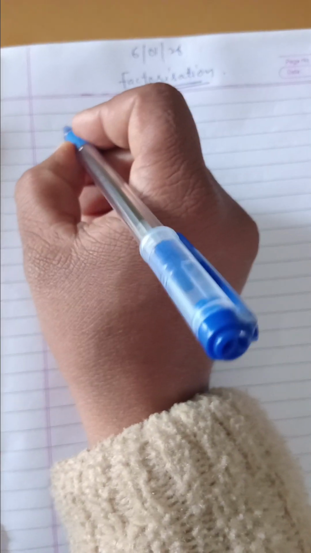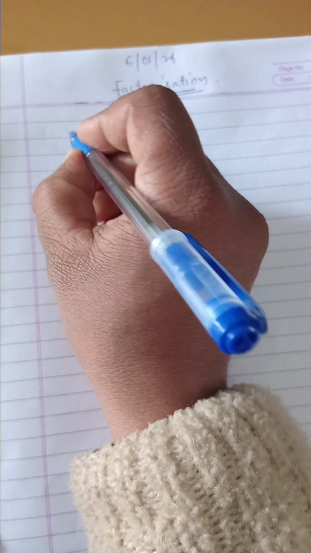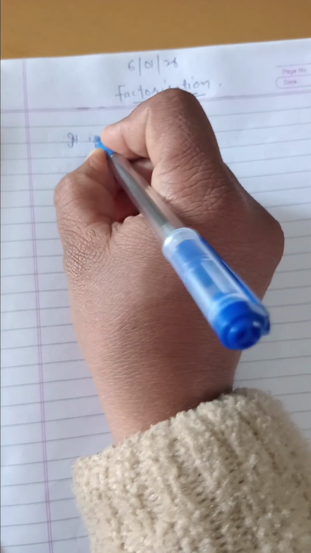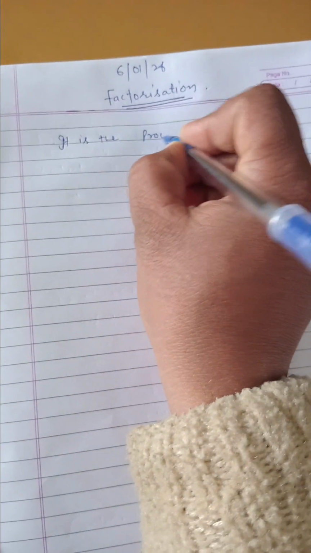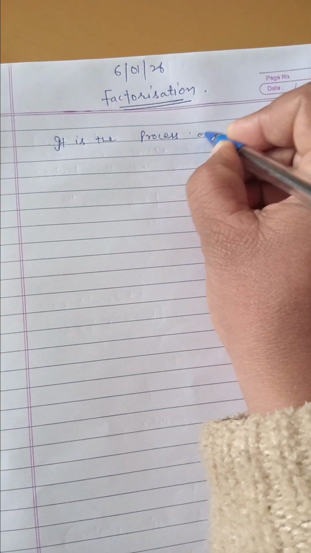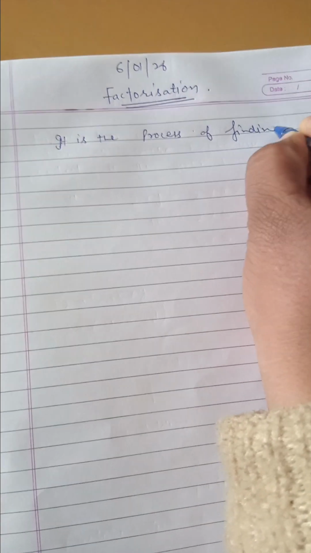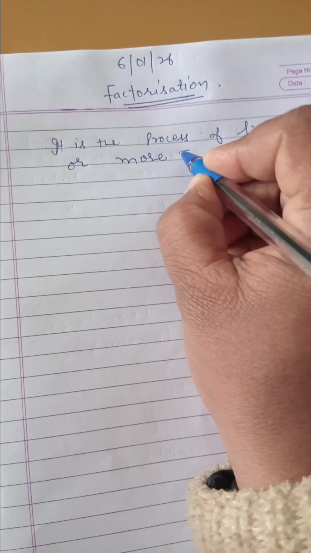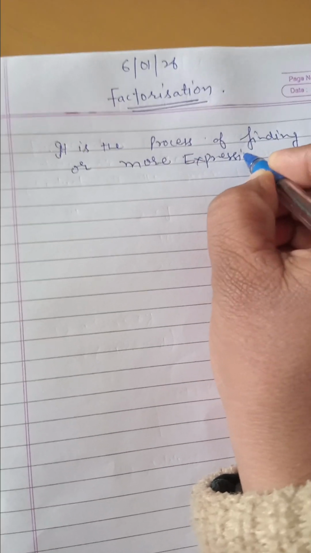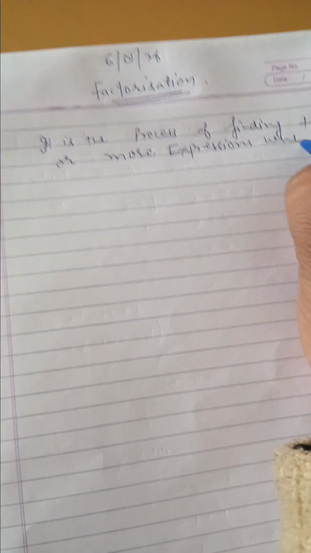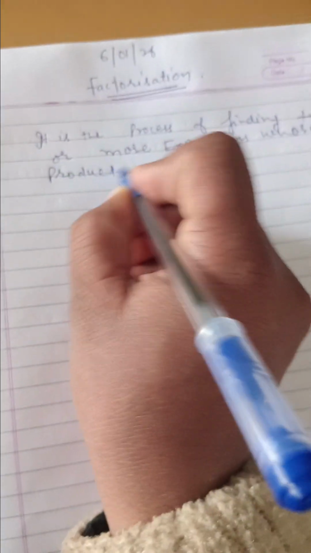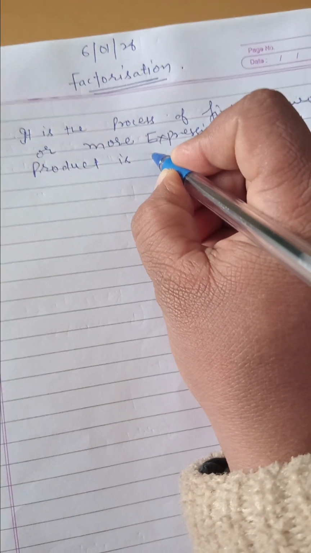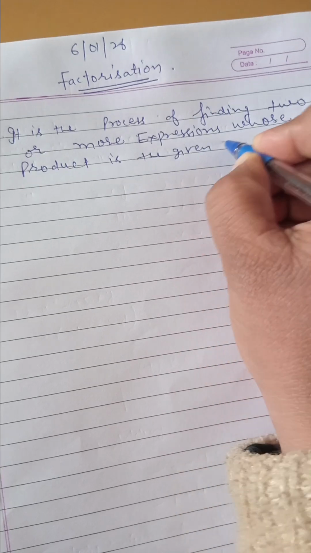So, what is factorization? Factorization is the process of finding two or more expressions whose product is the given expression.